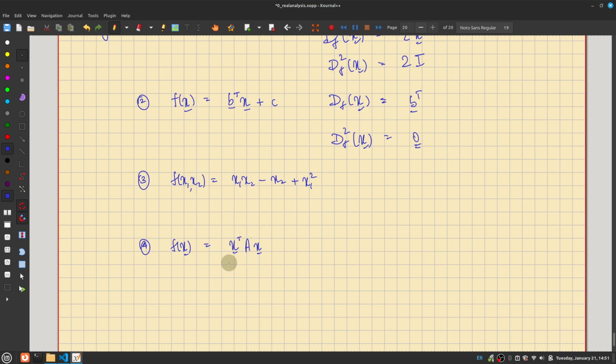Let's look at x transpose A x. What would be the second derivative? It's just going to be A plus A transpose.